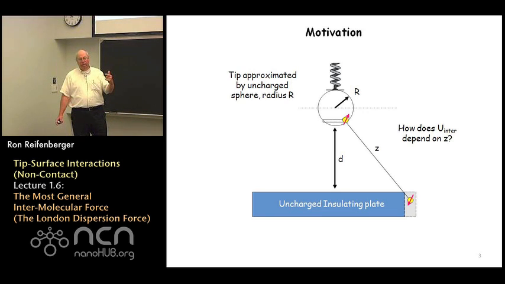Since the tip and the substrate are both made up of atoms or molecules, we have to be able to estimate the interaction potential energy between these individual atoms and molecules. In particular, we need to know how that interaction potential energy varies with position z. Then we have to integrate that interaction potential energy over the geometry of the tip and the substrate. So that's ultimately where this discussion is leading.